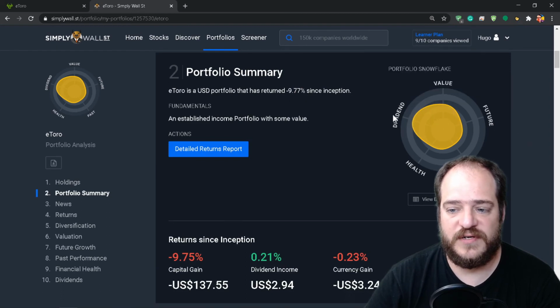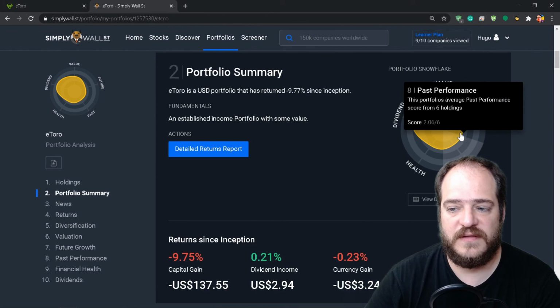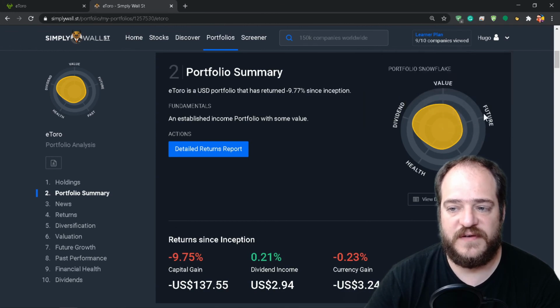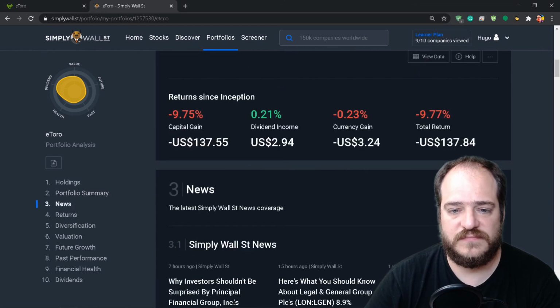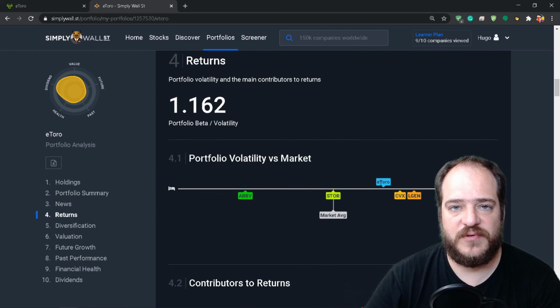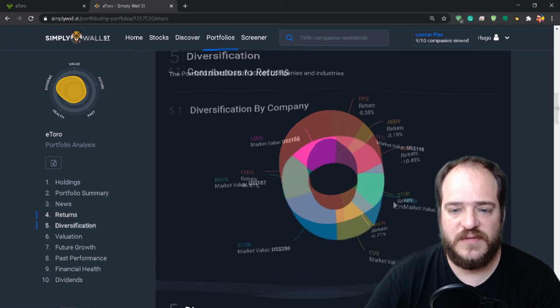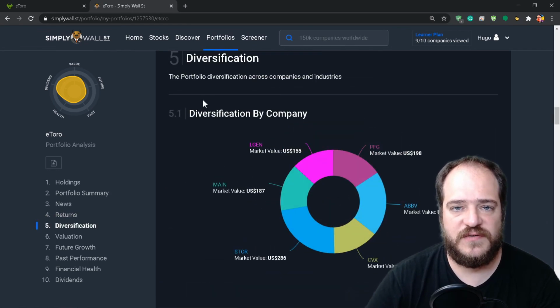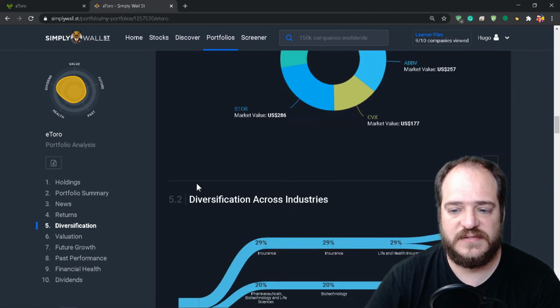It's looking more at dividends, what is its health, what was the past, the future, if it has future to grow, and the current value regarding the market. What is the situation of my portfolio regarding the average market. This is quite good information. What is the diversification of my portfolio? Bear in mind this is only 6 stocks that I have here.